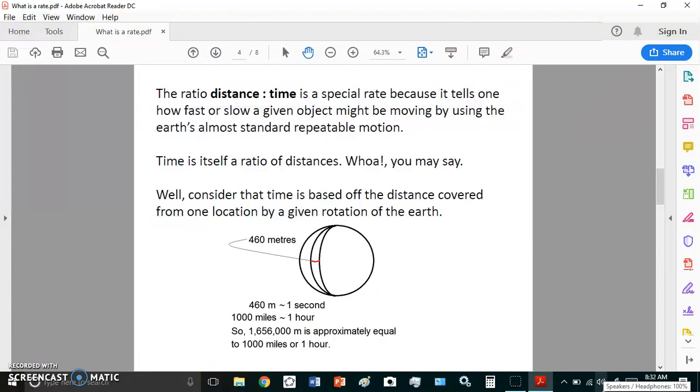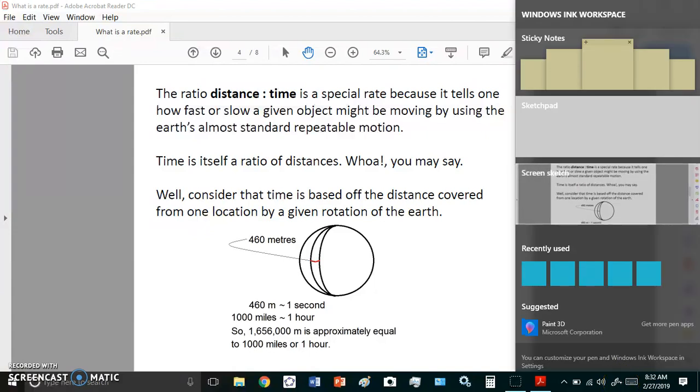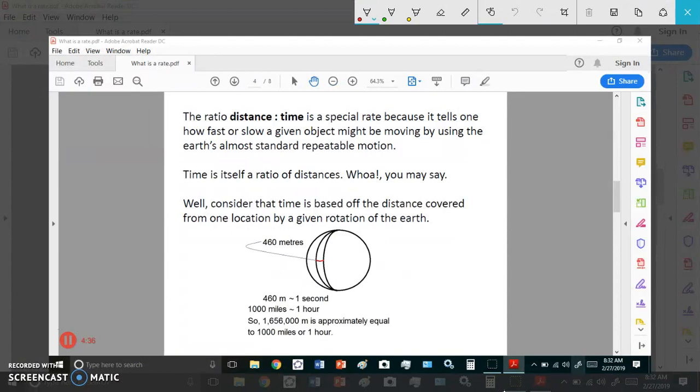If we look over here on the diagram, this distance covered by this slight rotation is 460 meters, right? Which we call the second. And literally 460 meters to 1 meter is what we refer to as 1 second.